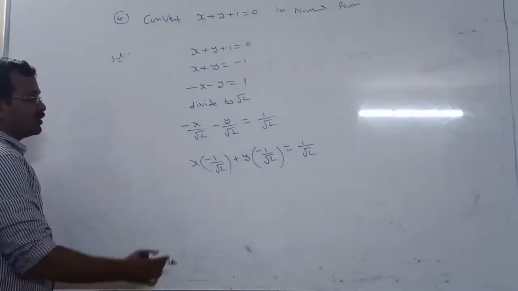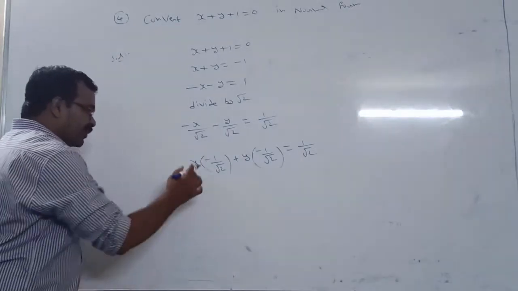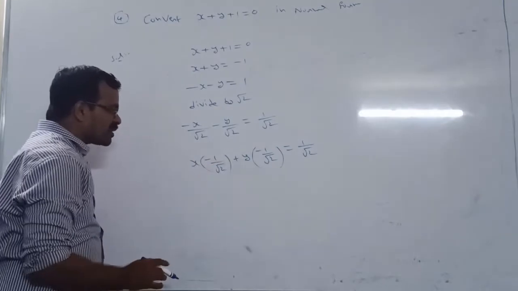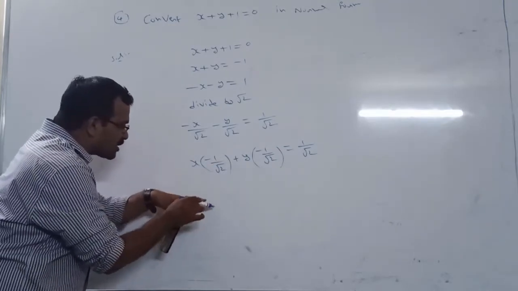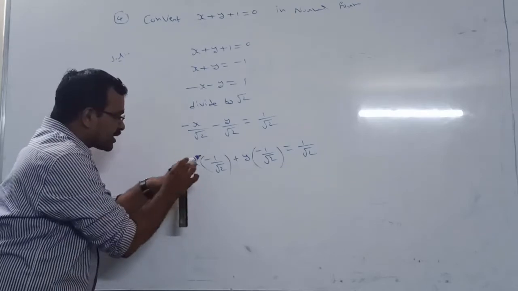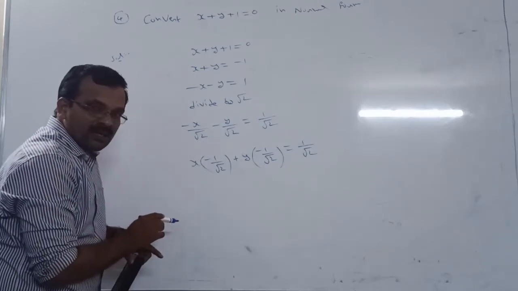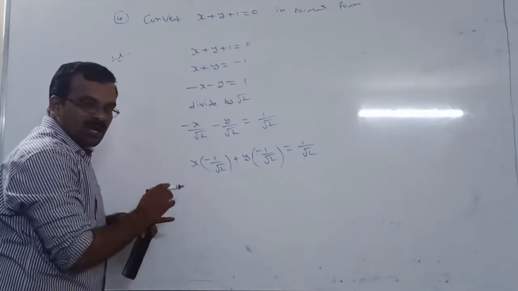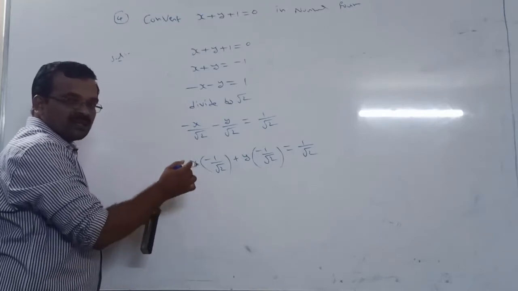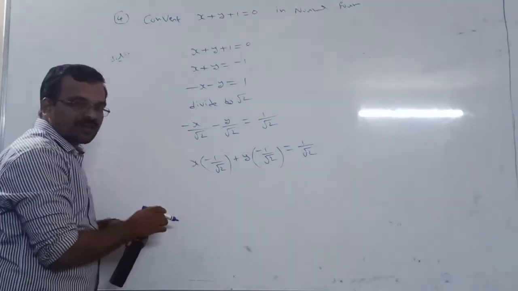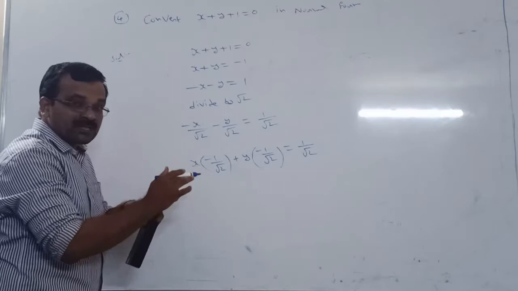Now we should write the angles in both. Minus 1 by root 2, minus 1 by root 2. Here I want to write in cos, here I want to write in sin. Cos and sin both are negative, which means the angle should be in the third quadrant: 180 plus theta.